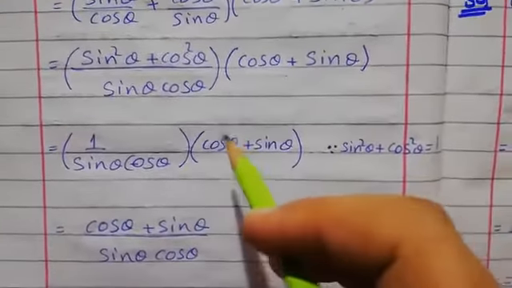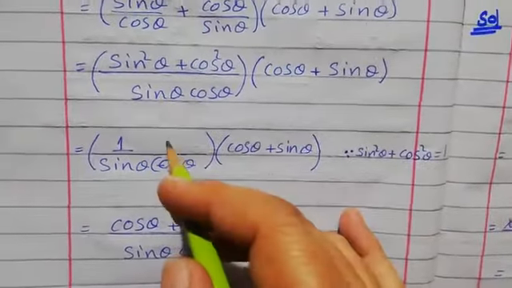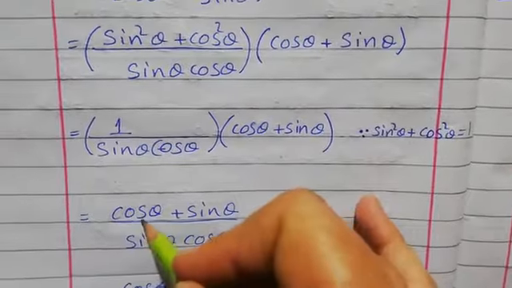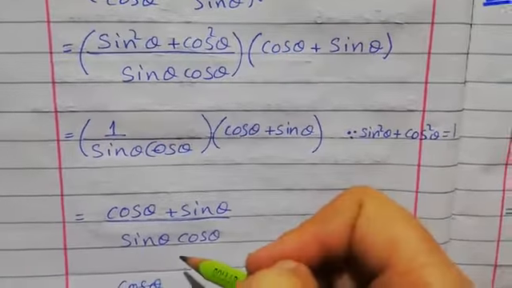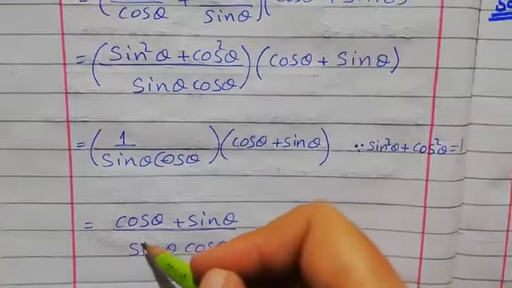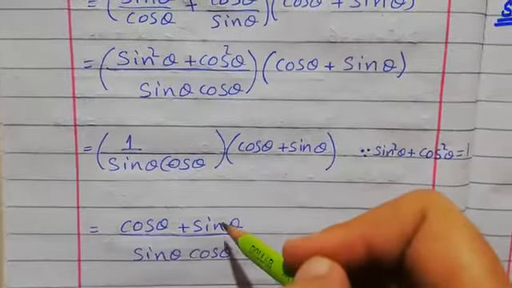And since there is a product between these two values, we will write it in the fraction form and get cos theta plus sin theta divided by sin theta cos theta. Dear students, you can see that sin theta cos theta is the denominator of both values.